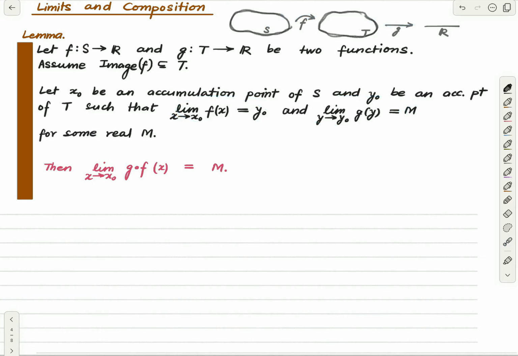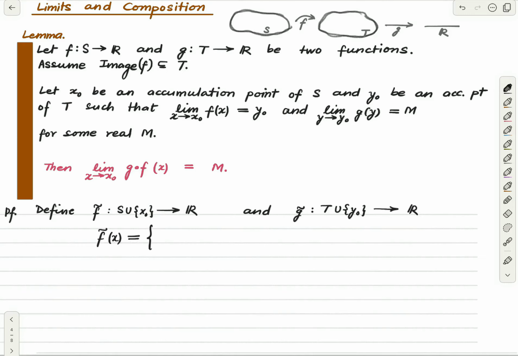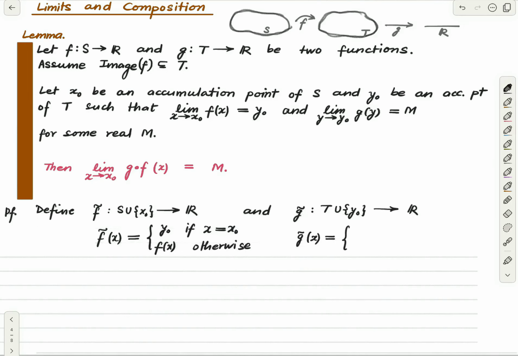But to justify it, we'll just use the previous strategy, and I will not give full details. Just define f tilde and g tilde as they should be defined. What is clear is the following. By our hypothesis, we know that f tilde is continuous at x naught and g tilde is continuous at y naught.